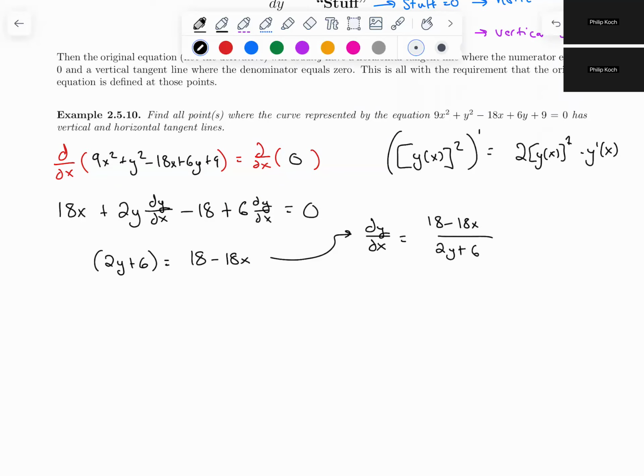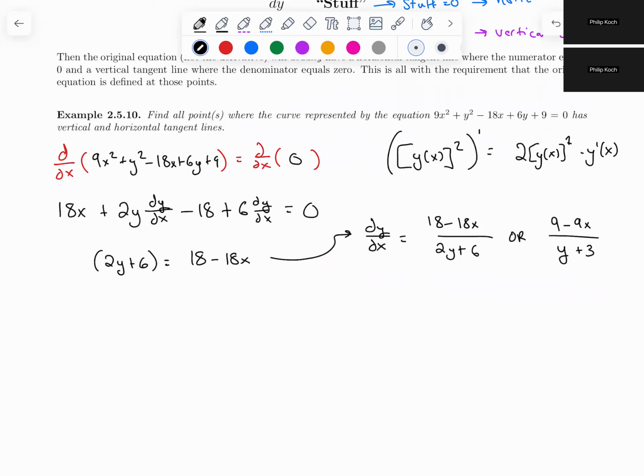There's a common factor of 2, so we could write it as 9 minus 9x over y plus 3, if you really want to. But since these are linear equations in the numerator and denominator, it's not going to be too hard to solve them. If it was like 18 minus 18x plus 32x squared, maybe I might factor out the 2. But as it stands, it's not going to be too terrible to work with in either format.